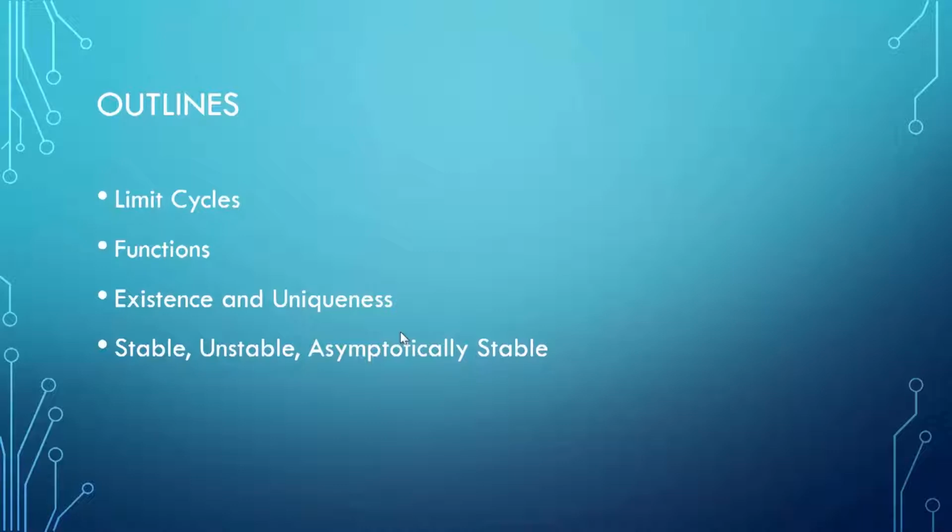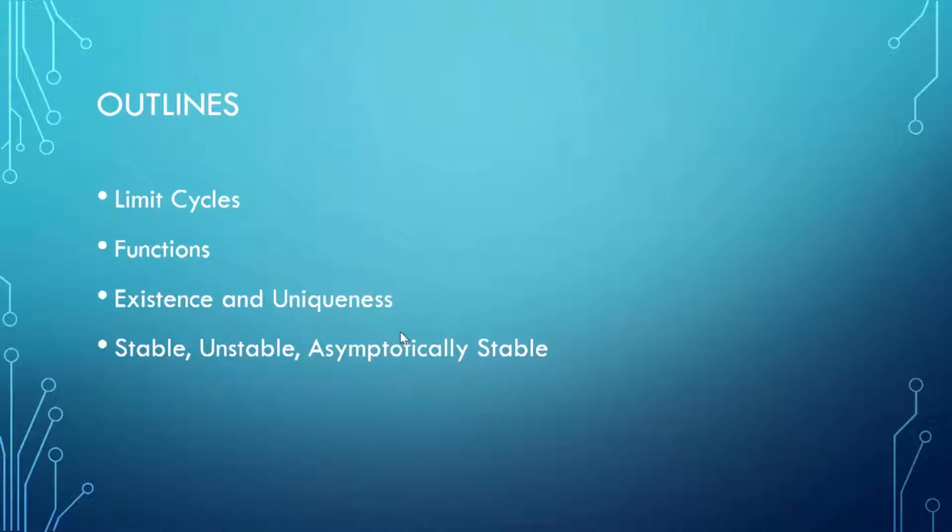Exists could be one solution, two solutions, many solutions. But is the solution unique? It means there is only one solution or not. If a system has multiple solutions, you are in trouble, right? Because given a control, how do you know where your car or your robot will go?